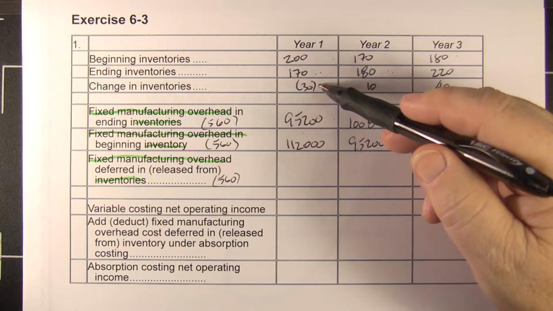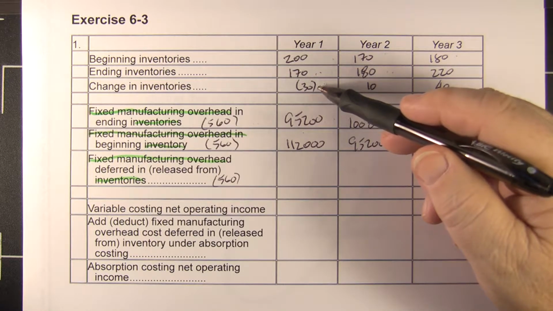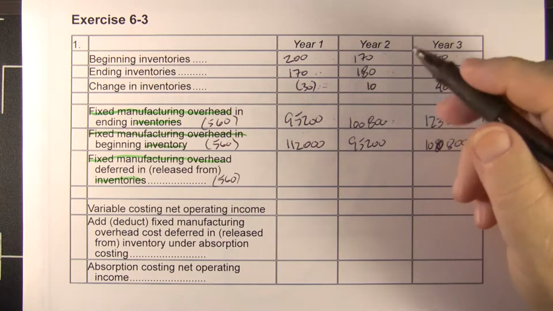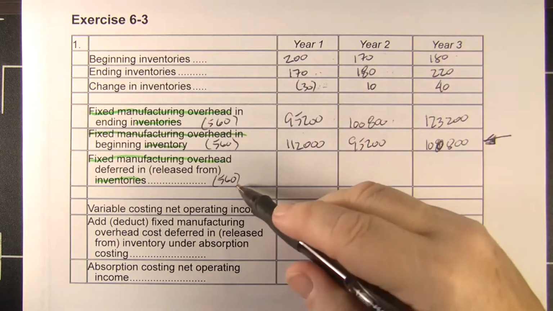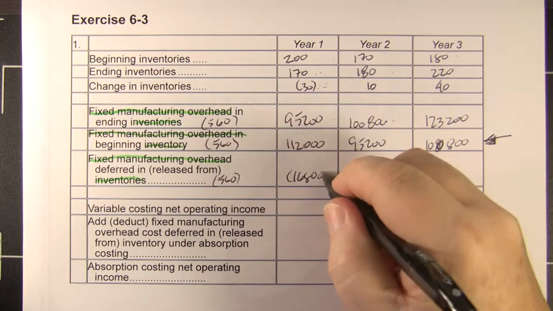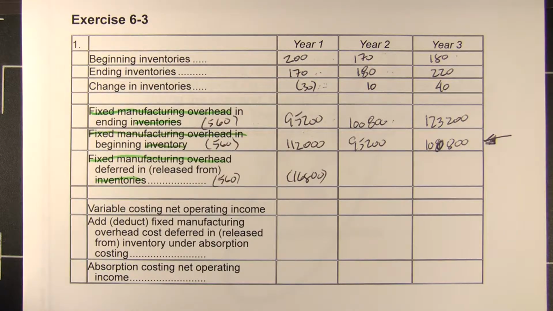It was 30 less, which means that those 30 we used up inventory from prior years, so we have to account for that. So 30 times 560, 16,800. So that's $16,800 from a prior year that we applied to this year.